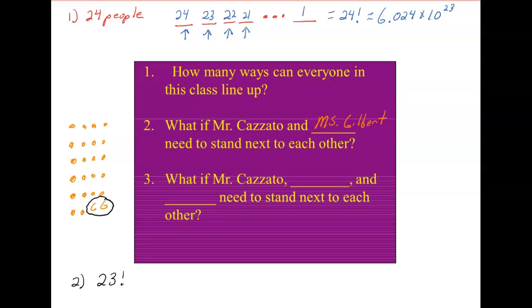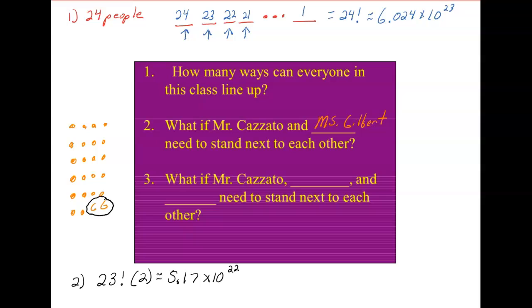But then Miss Gilbert and I, we are standing next to each other, but we can switch. So how many ways can we switch? We need to multiply that by 2. So then using your calculator, 23 factorial, and I just showed you how to do that, times 2 is approximately 5.17 times 10 to the 22nd.